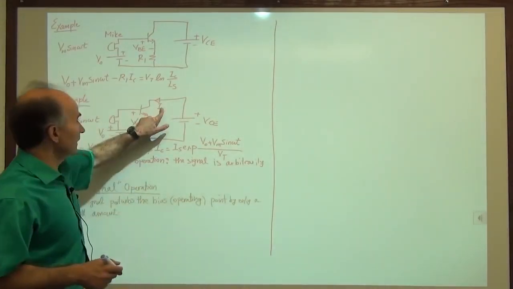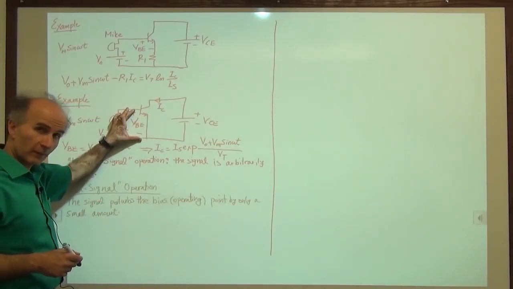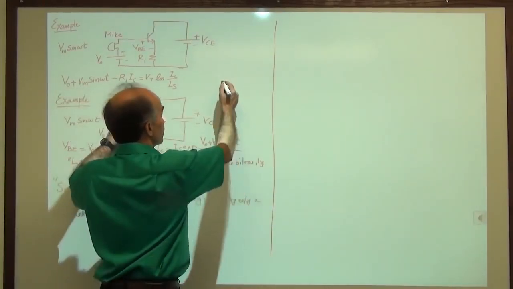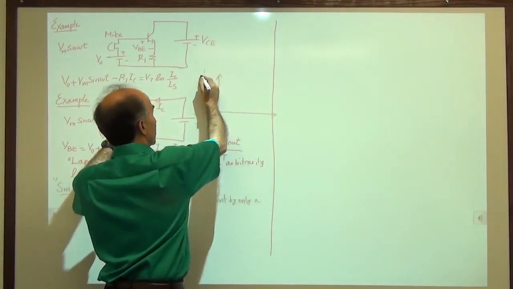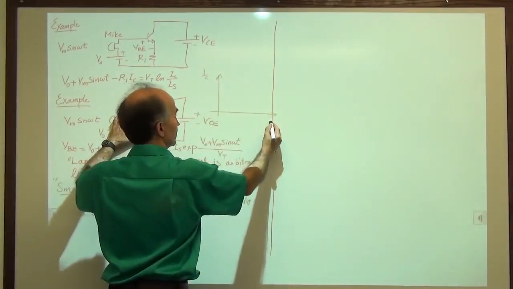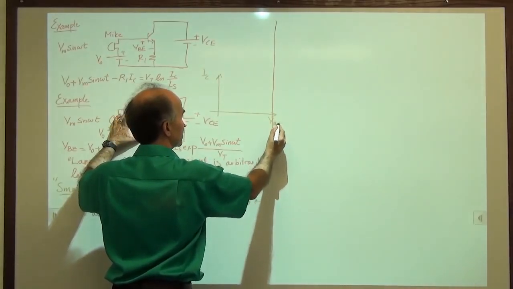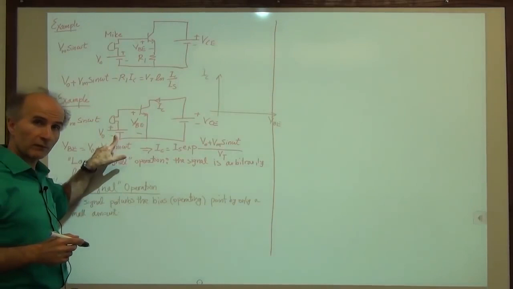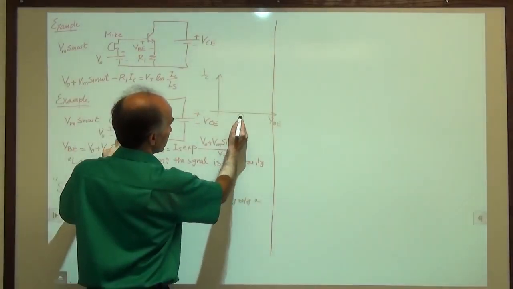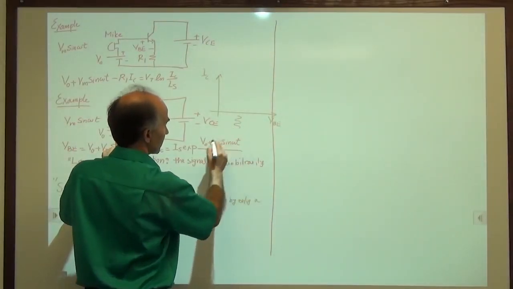So remember, IC is an exponential function of the base emitter voltage. So we'll draw that here. IC as a function of VBE. And what we have done is we have a microphone signal superimposed on V0. So the microphone signal is coming in like this as a function of time.